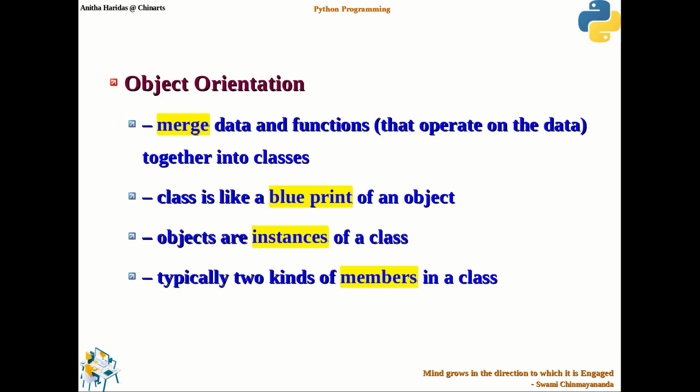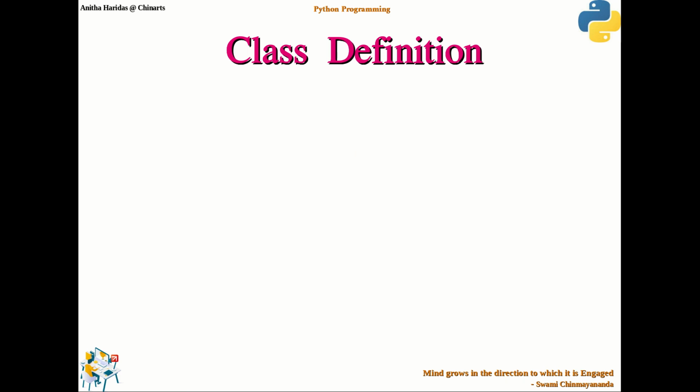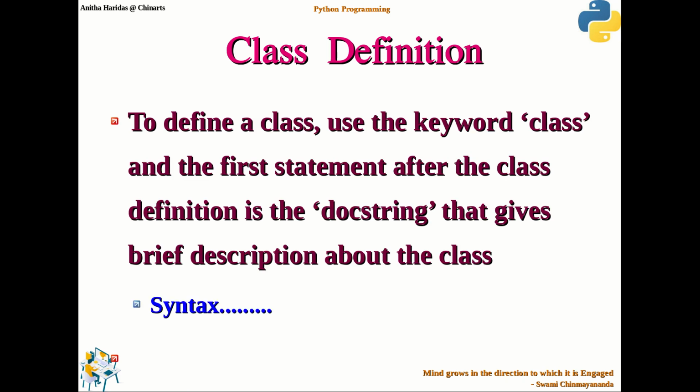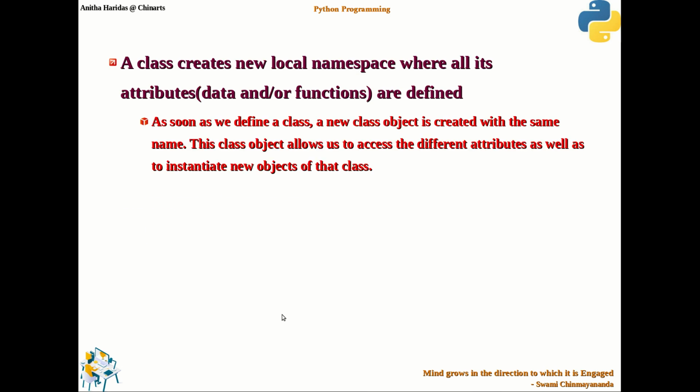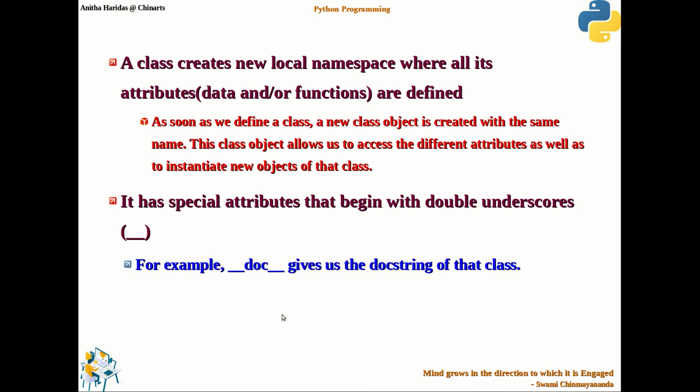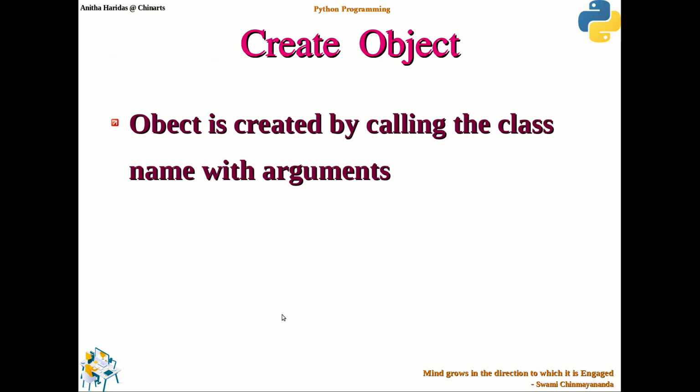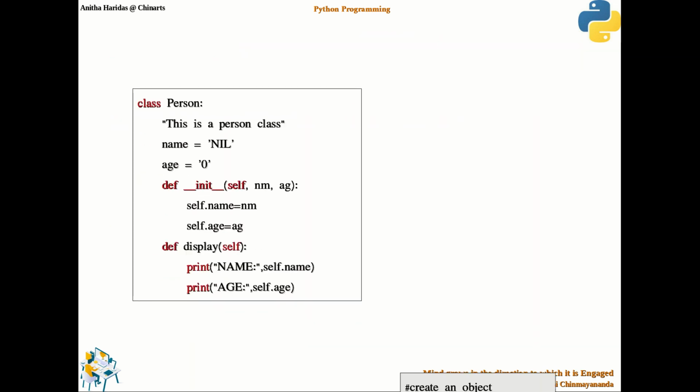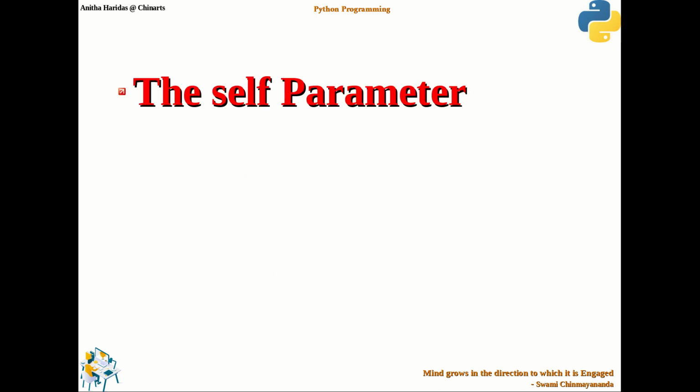Then we talked about how to define a class in Python, the syntax of defining a class and the purpose of using double underscore, then how we create an object, and some example programs.